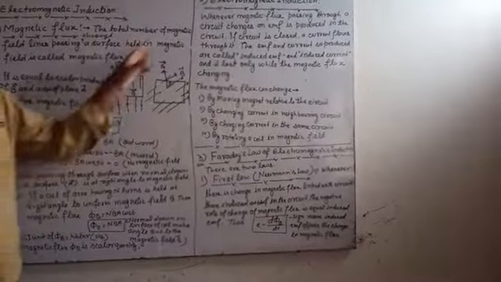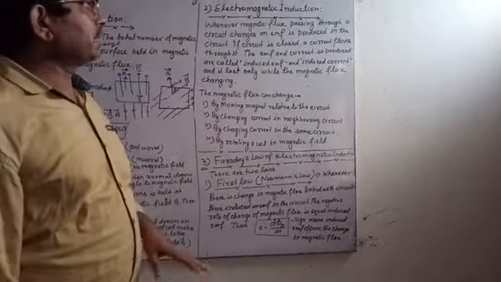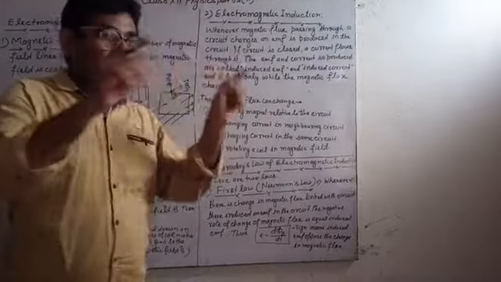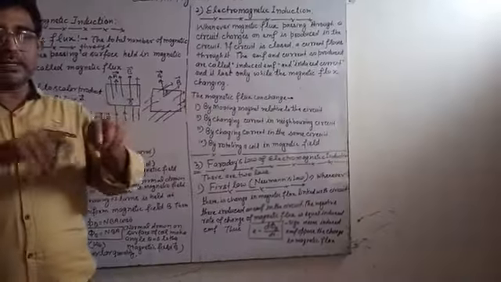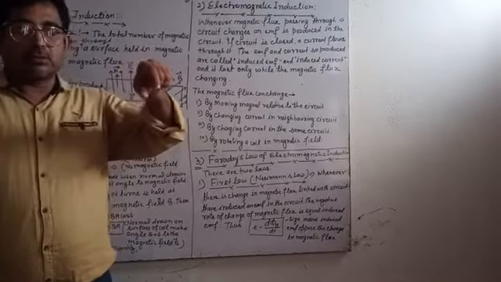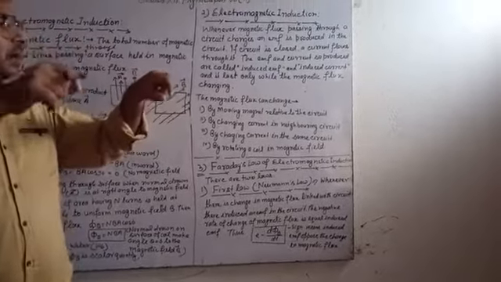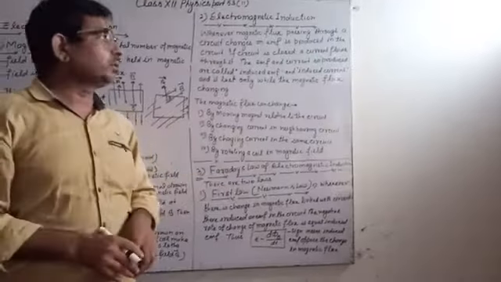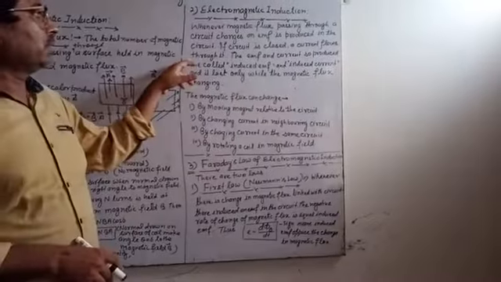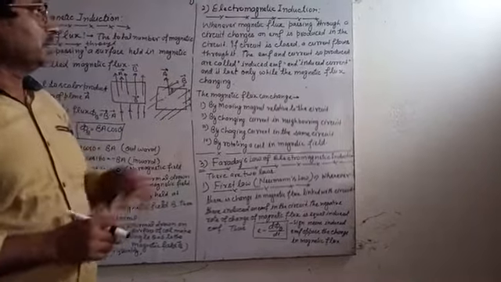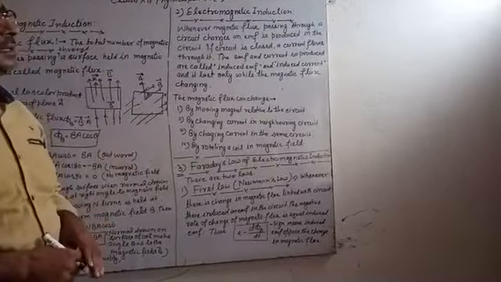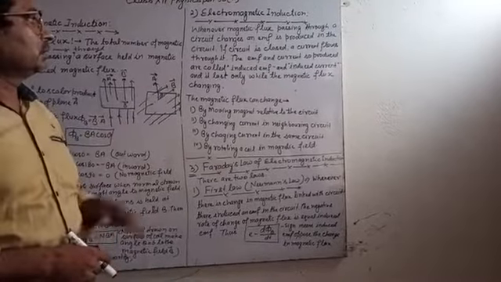Electromagnetic induction: whenever the magnetic flux passing through a circuit changes, meaning magnetic field lines passing through a surface or a circuit change, an EMF is induced along the ends of the circuit. If the circuit is completely closed, then a current flows through it.